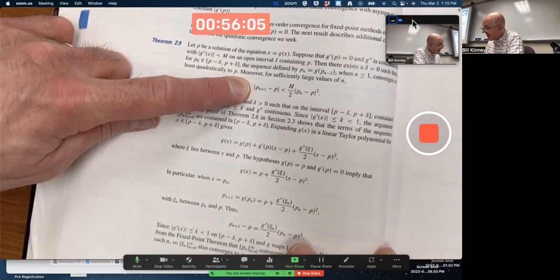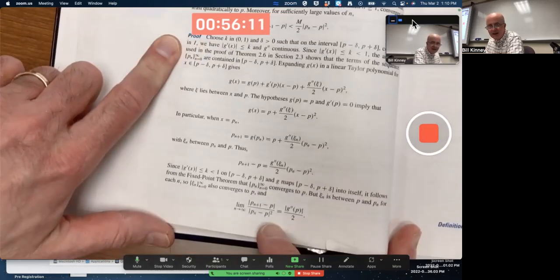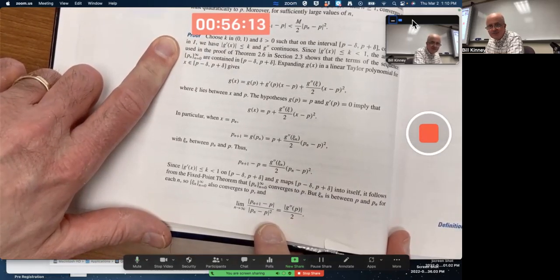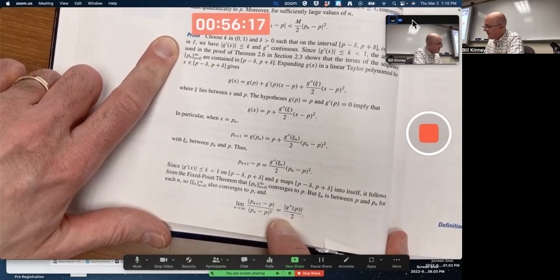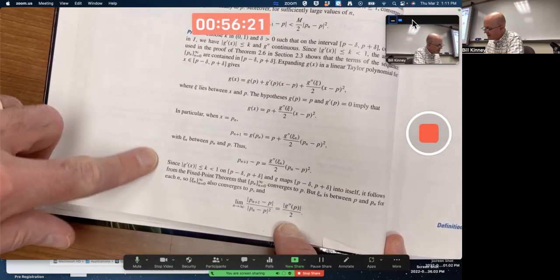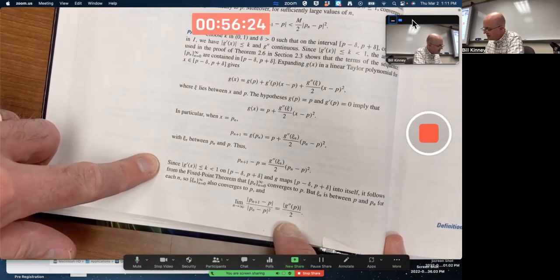Look at the right side: Pn minus P squared. Divide both sides by that effectively and take absolute values. Now you're seeing the quadratic convergence, where the lambda is this. There are some more arguments to give to get to this conclusion.